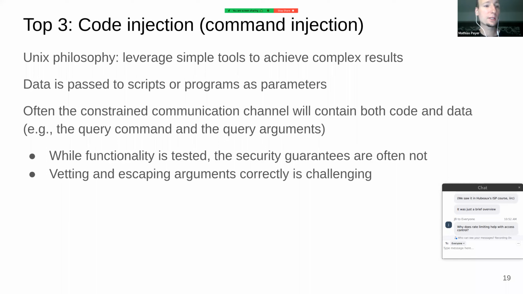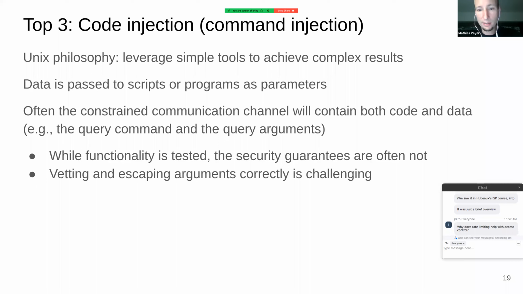And for many of these options, it is not implementing all of this functionality in the web server binary itself, but it is simply collecting the information from the web interface, then exec calling a shell and passing this information to the shell. This constrained communication channel contains both code and data, the query command and the query arguments, and then you're just launching this in the web application.